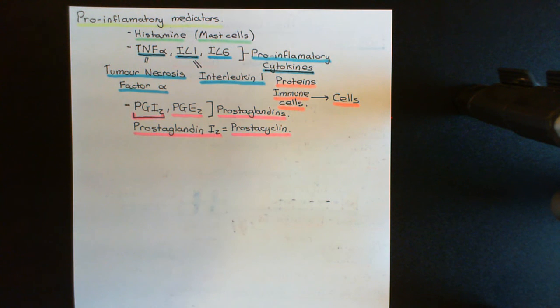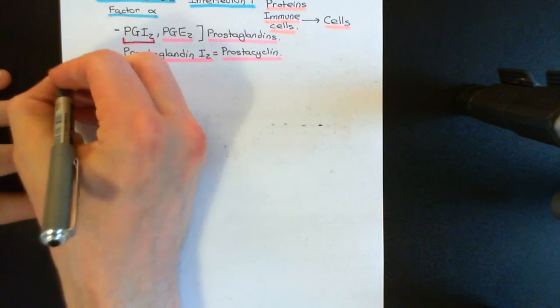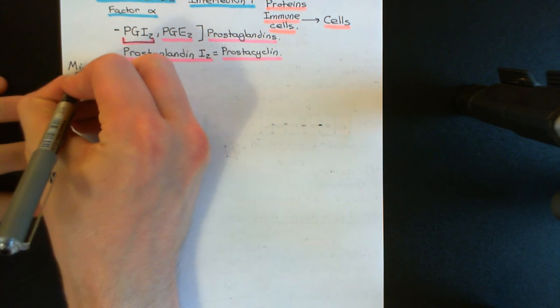So what I now want to talk about, before we actually talk about what the changes are going to be, is just a reminder of the microvasculature, because it's so important to understand this in order to understand the pro-inflammatory mediators and what they're going to do to the microvasculature. So for now, it's just going to be a little bit of revision, hopefully, of the microvasculature.